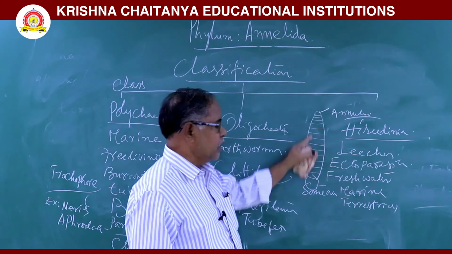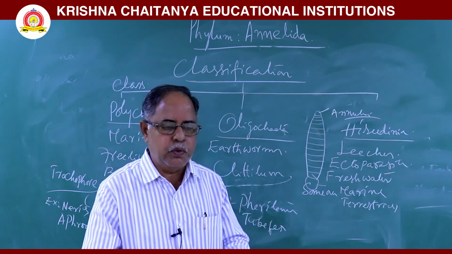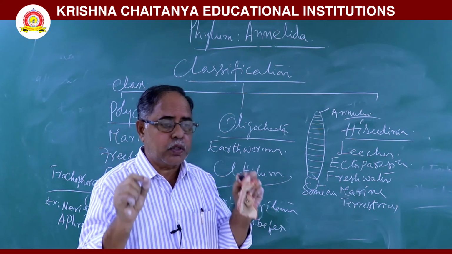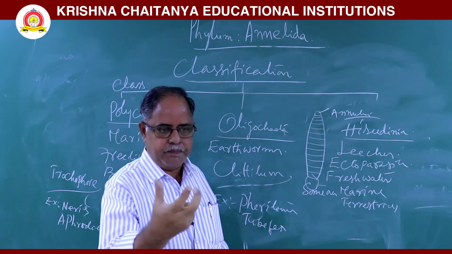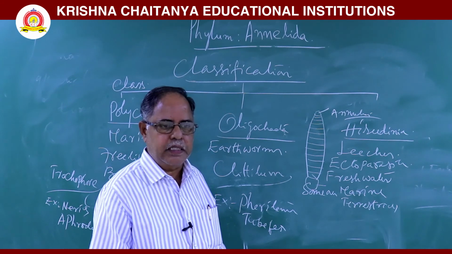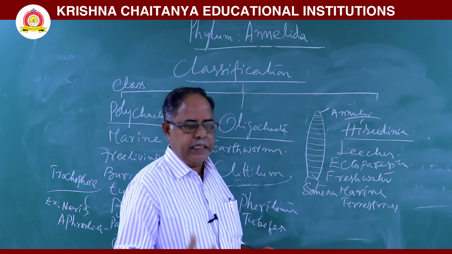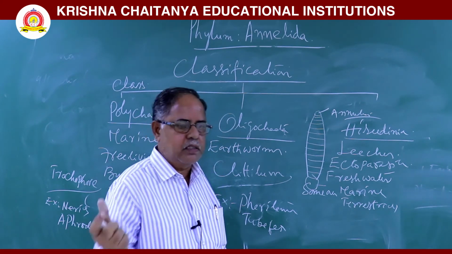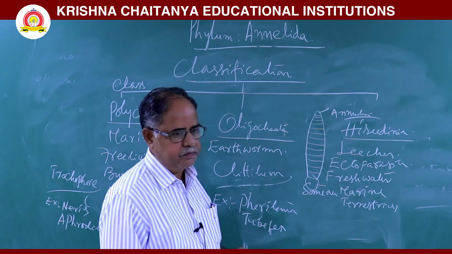Next, the coelom is filled with a characteristic tissue that is called botryoidal tissue. Grape-like structures are present in the coelom. This botryoidal tissue performs excretion and storage of iron and calcium, and it is also used in revascularization.